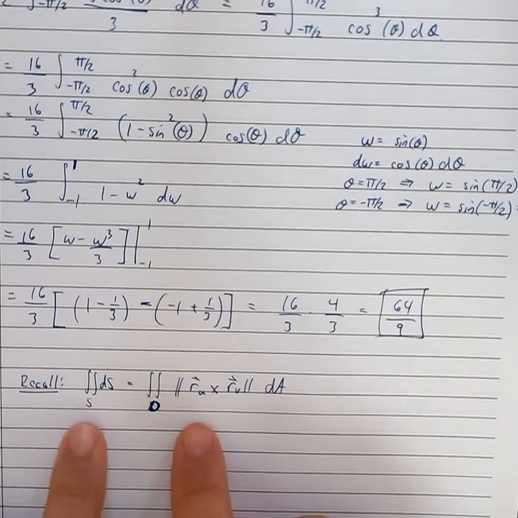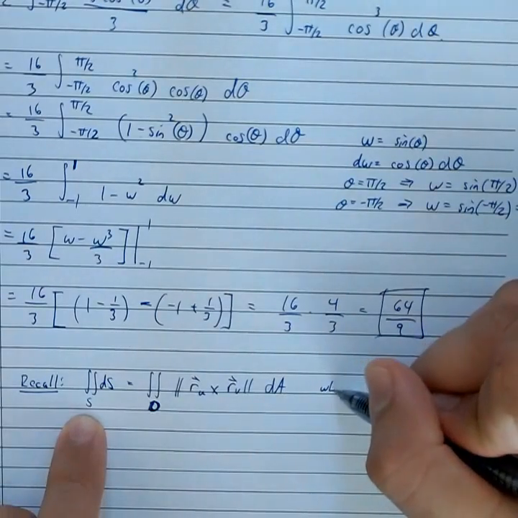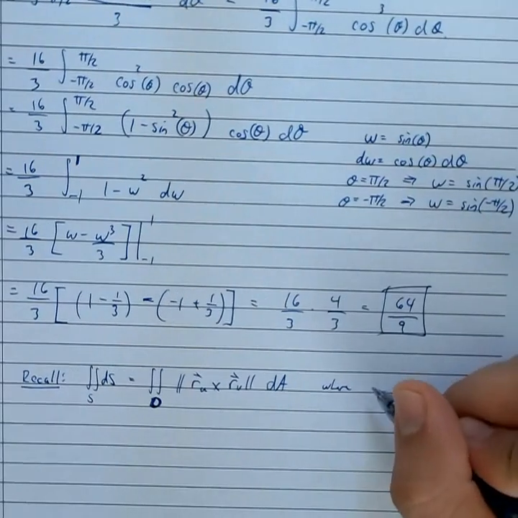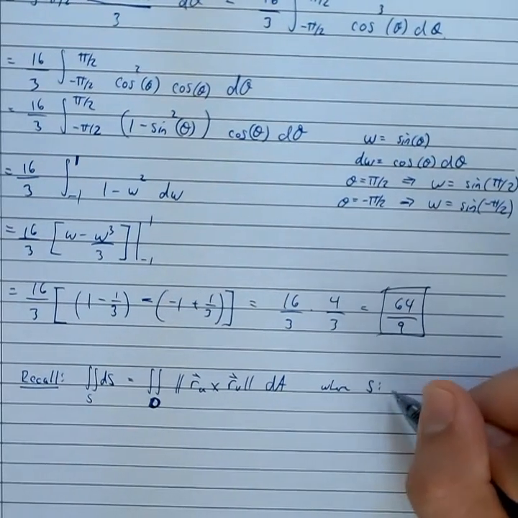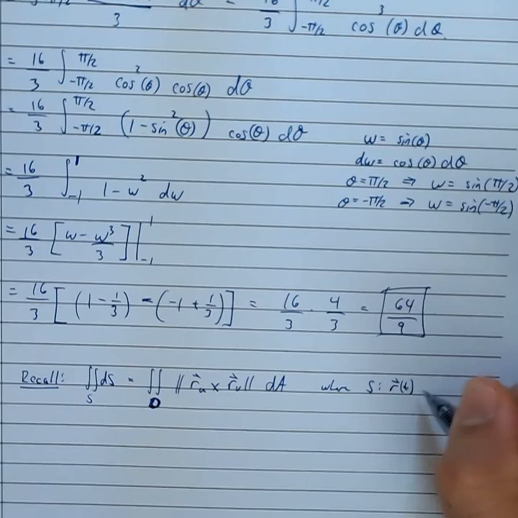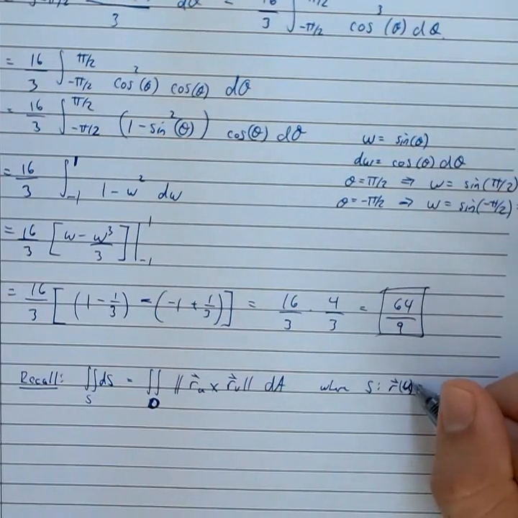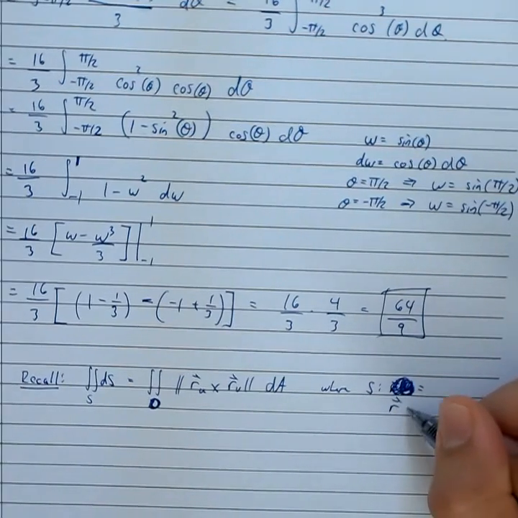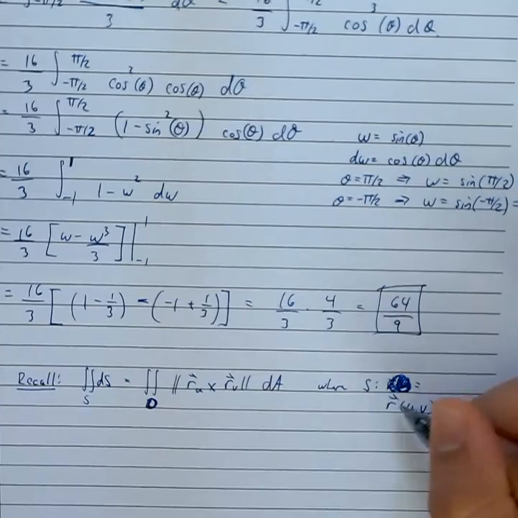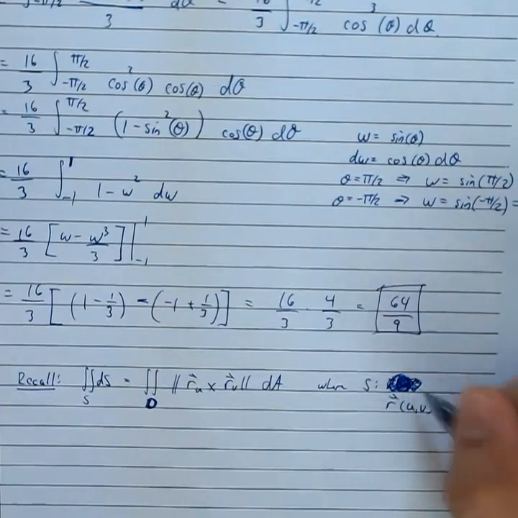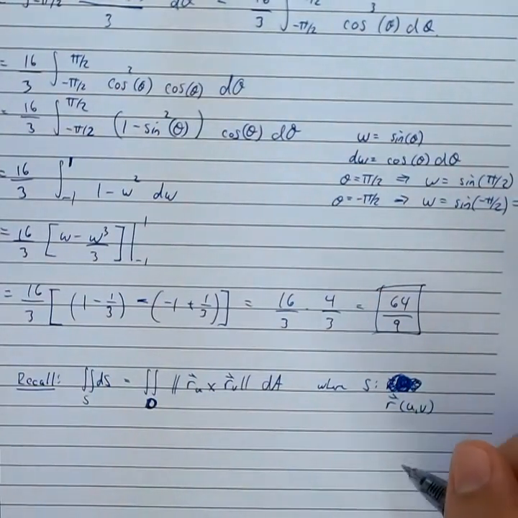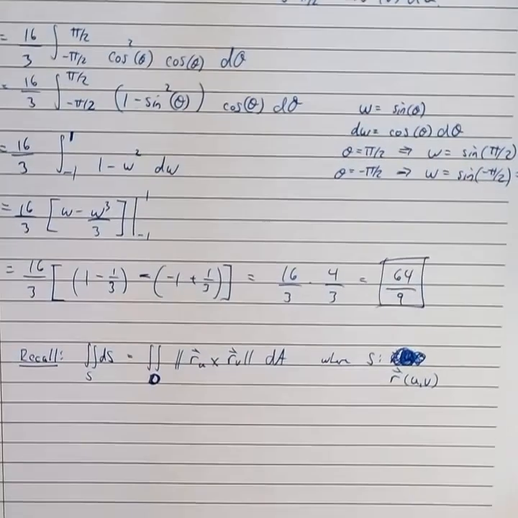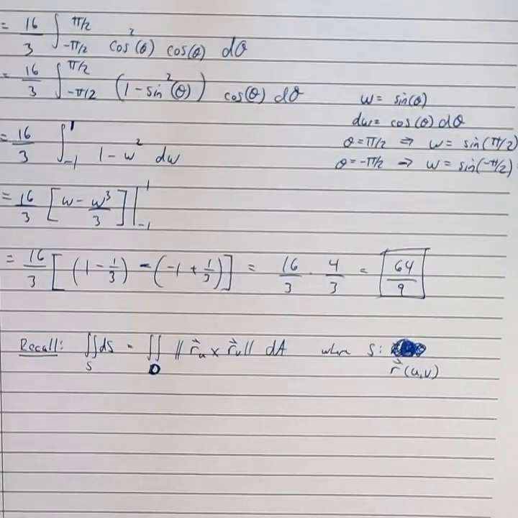So if you have a parameterization, where our surface S was given by a vector valued function of u and v, where u and v are parameters, this doesn't change anything about what we're about to do.